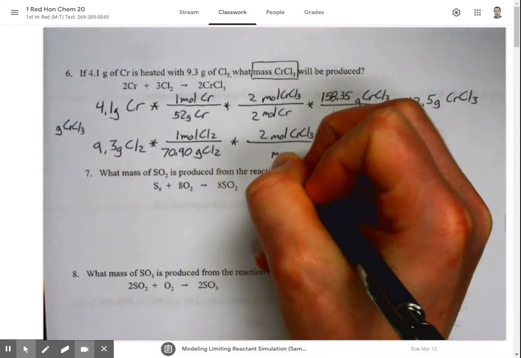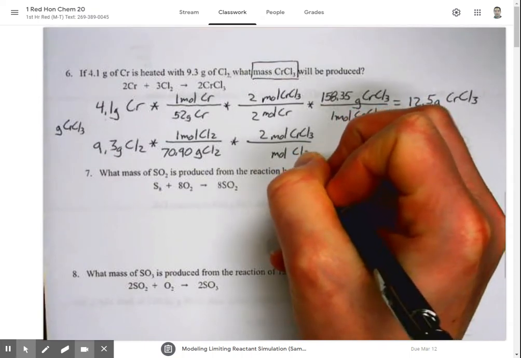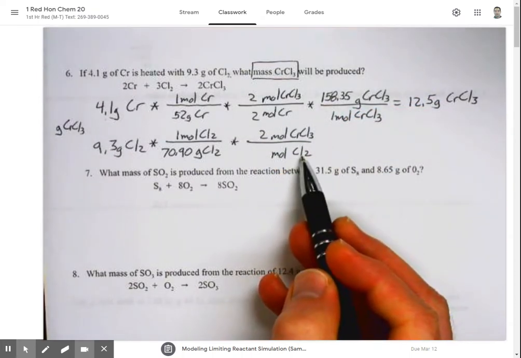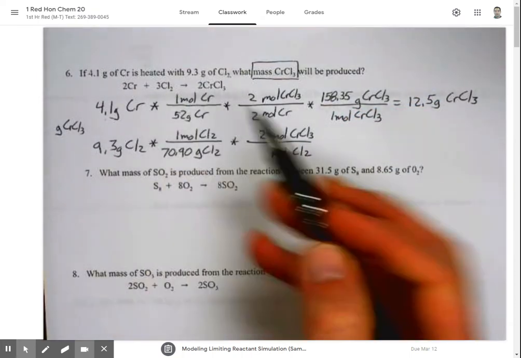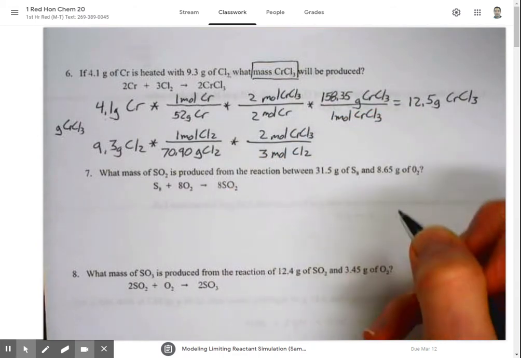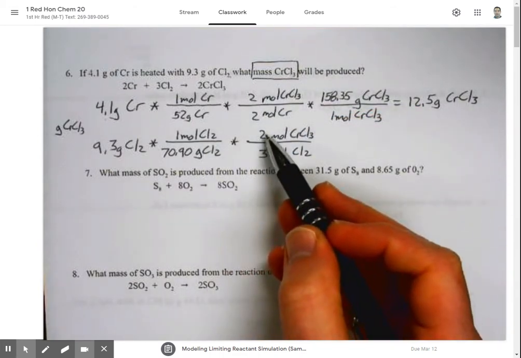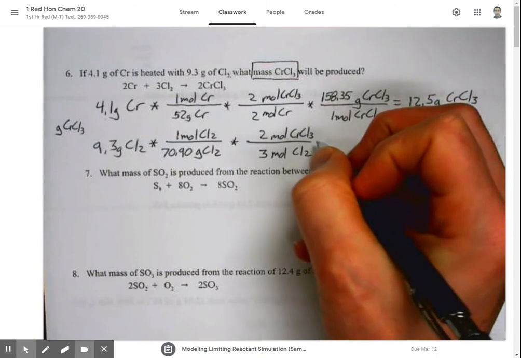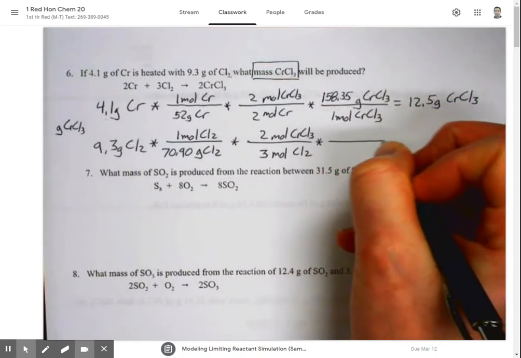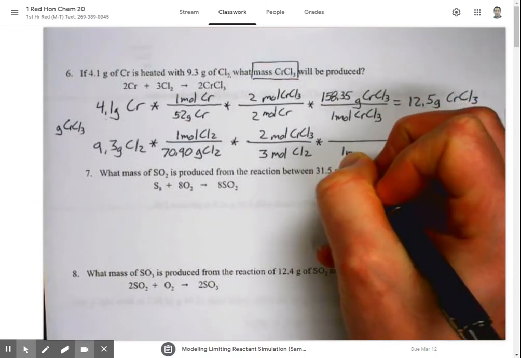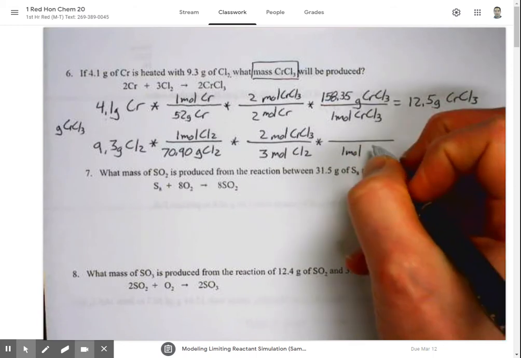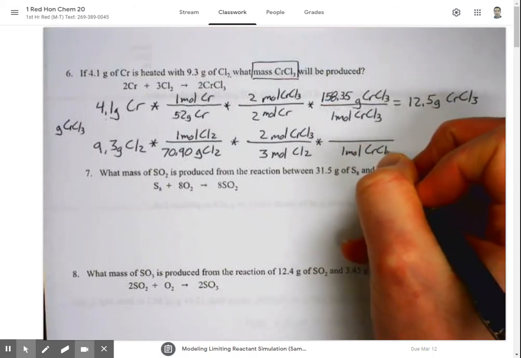But down here, this is different because we're coming from moles of chlorine. So we need to go find chlorine in the balanced equation. It's got a 3 in front of it this time. So here we will multiply by 2 and then divide by 3. Now, because we're making the same product, the ending conversion is identical to the one above it.